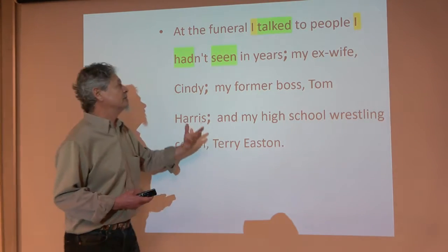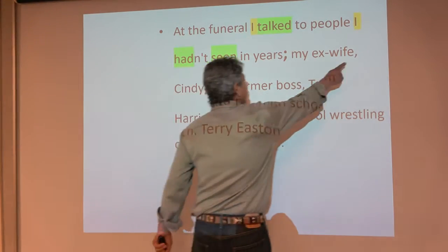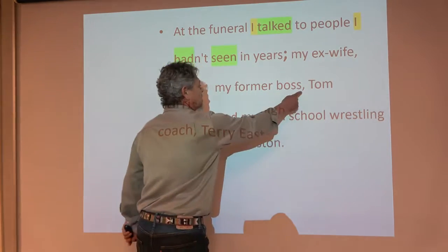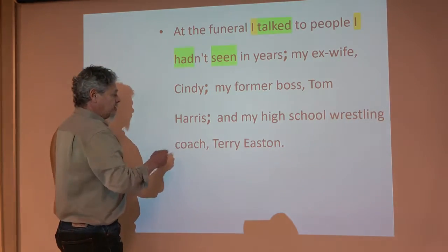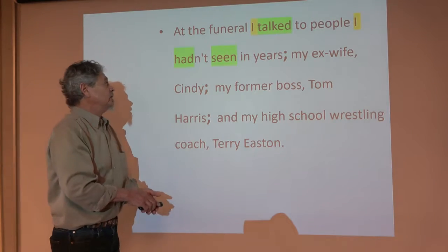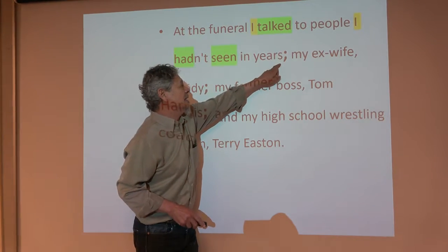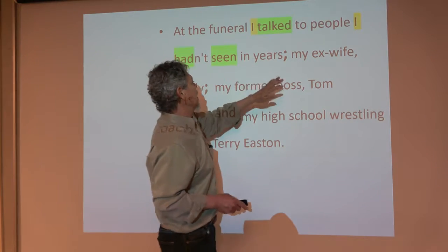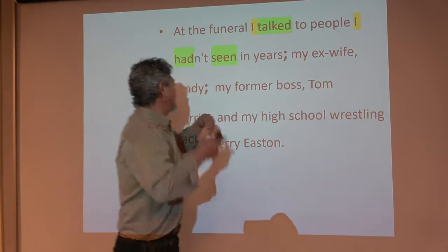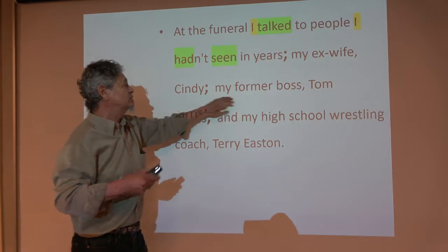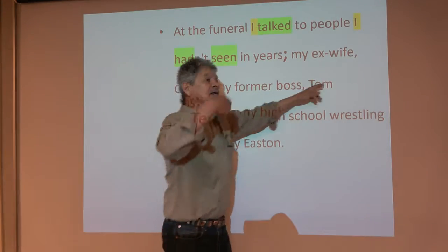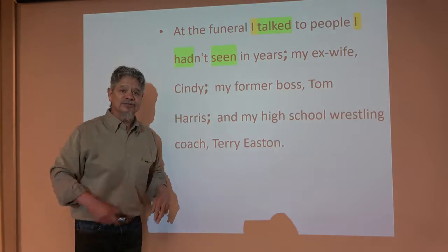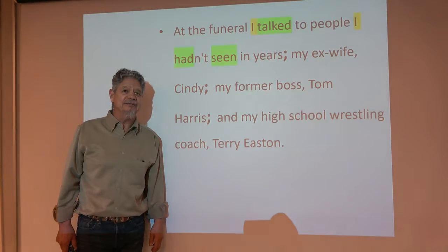Okay? But look, you have a comma right here, another comma right here, and a comma right here. If you use commas here, it's gonna give the impression that you have my ex-wife, one person, Cindy, another person, my former boss, another person, Tom Harris, another person. You see how that would be confusing?